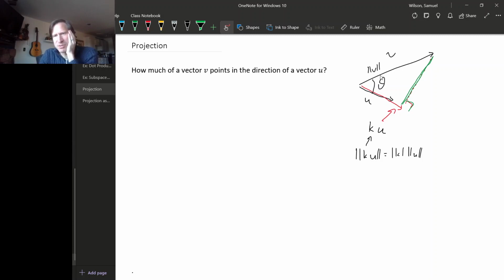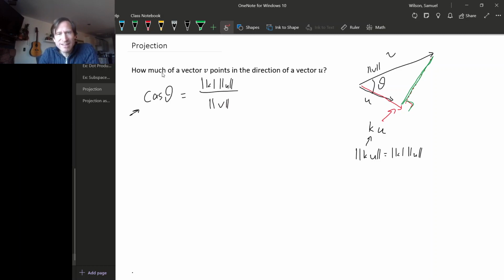Just using trigonometry, we can see that the sides in this right triangle that we have information about are the leg adjacent to theta, and the hypotenuse. So we should be thinking about cosine of theta. So cosine of theta is going to be the length of the bottom side, which is the absolute value of k times the magnitude of u, divided by the length of the hypotenuse, which is the magnitude of v.